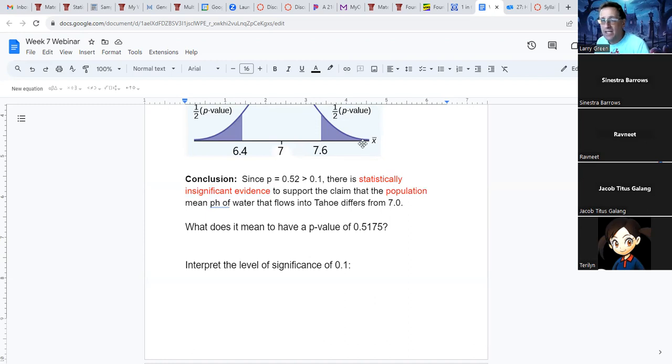Any questions on the interpretation of the p-value?